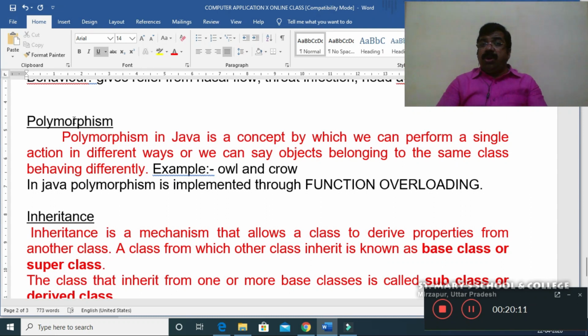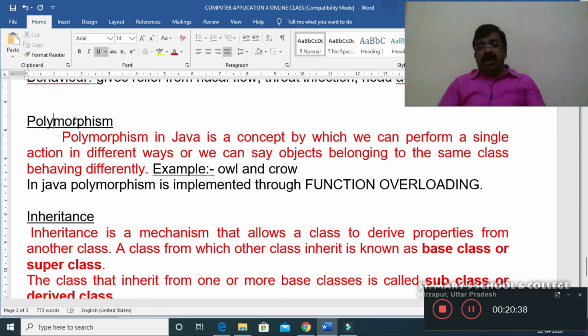The crow can fly during the daytime, but the owl cannot. At night, the crow may not be able to see, but the owl is able to see. We say they are behaving in a different way. This is what is called polymorphism.